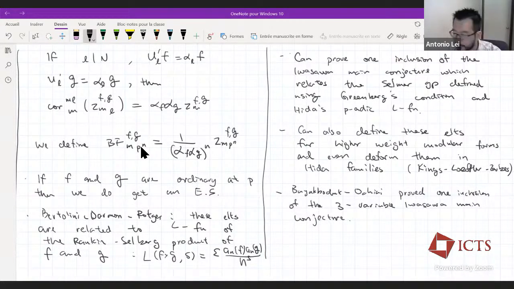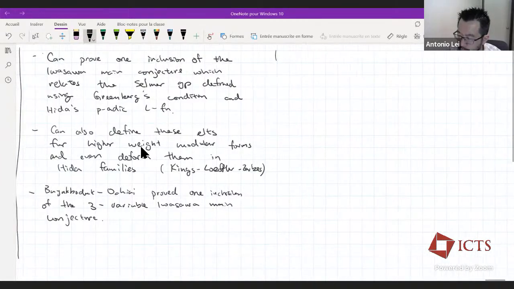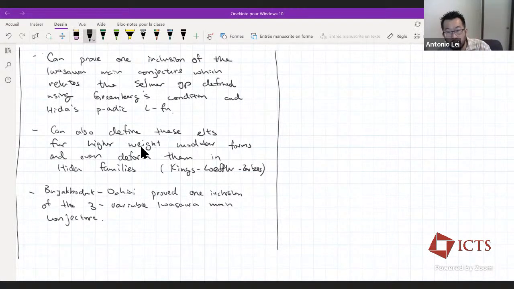Okay. And then you can also do something similar to what Flach did, in the sense that you can take F equals G, and then you get the tensor product of T_F with T_F, and inside you have the symmetric square. So you can also do something with the symmetric square.